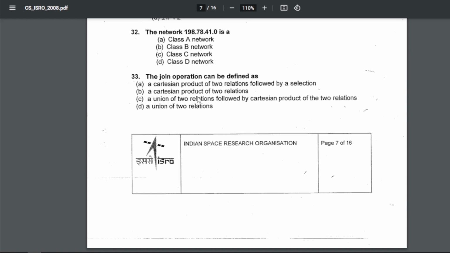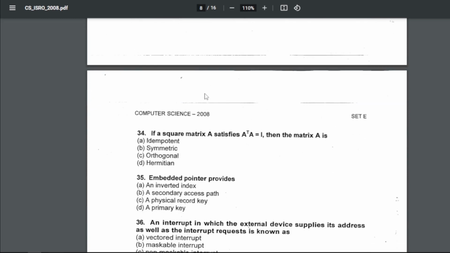So basically it is talking about SQL join, a statement used to combine data or rows from two or more tables based on a common field between them. Different types of joins are inner join, left outer join, right outer join. Hope you remember all these.